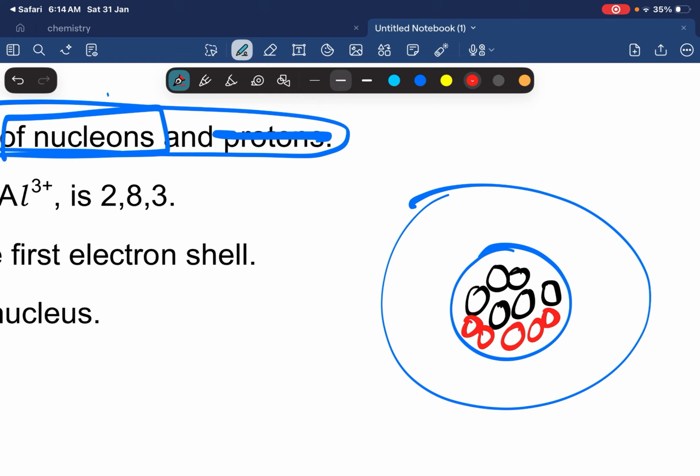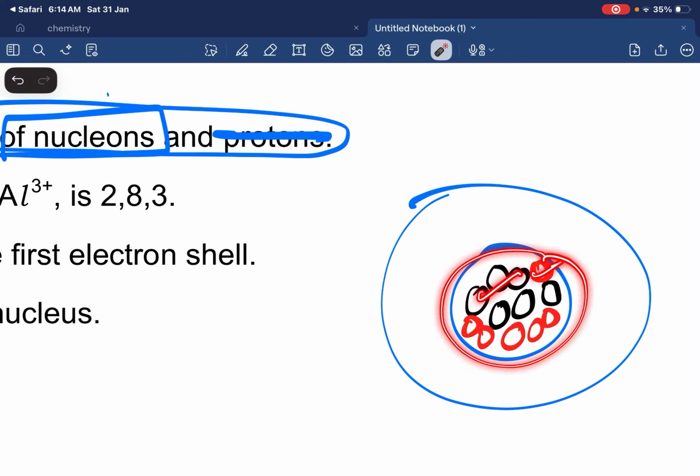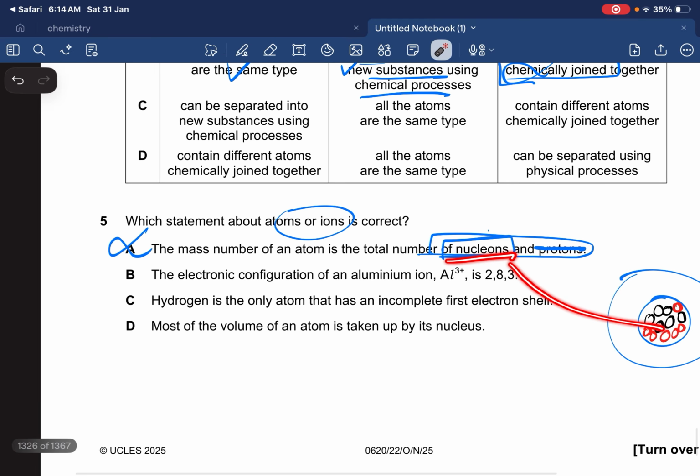If I say it's carbon, then it's got to be 6 neutrons. 1, 2, 3, 4, 5, 6. It's a carbon-12 atom, right? All the protons and the neutrons together are called nucleons. So the mass number or the nucleon number is the same because you're telling the number of protons and the neutrons, right? So only the number of nucleons is the mass number.